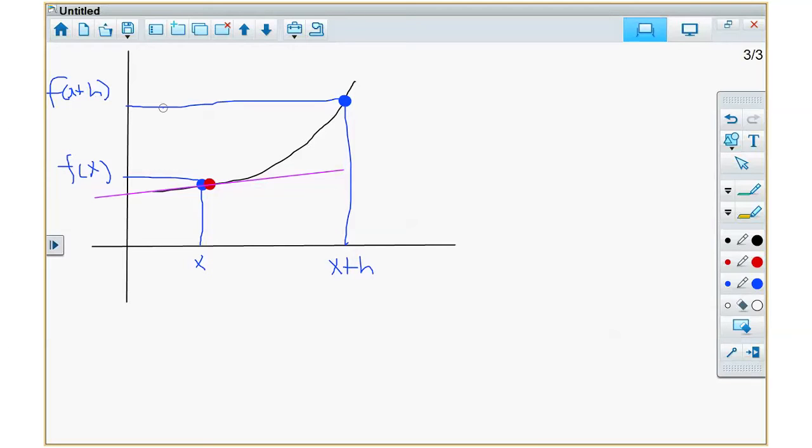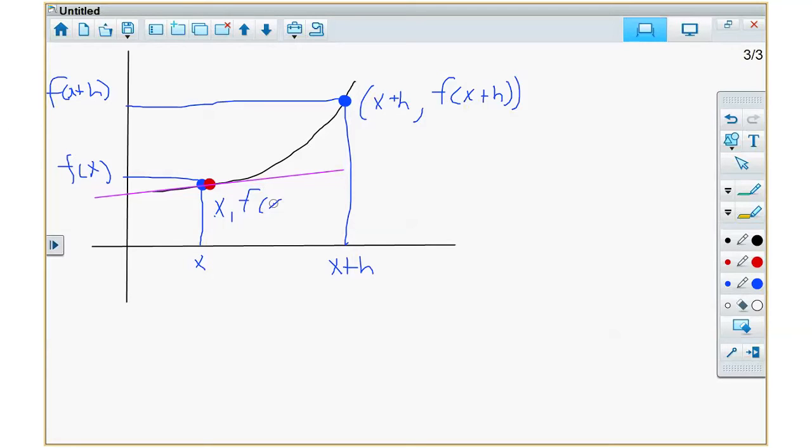So if you wanted to put a coordinate on this point, it would be (x plus h, f of x plus h), and on this blue one, it would be (x, f of x).